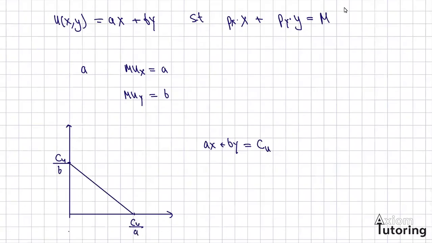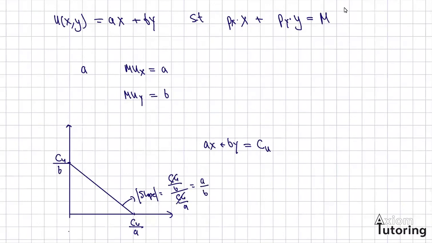If you think about the slope of this, the absolute value of the slope would be CU over B over CU over A. Let's not ignore the minus. Flip them, get rid of the CUs, and you get A over B.